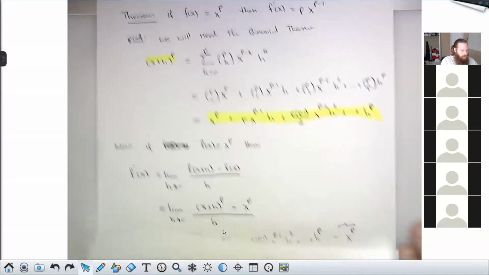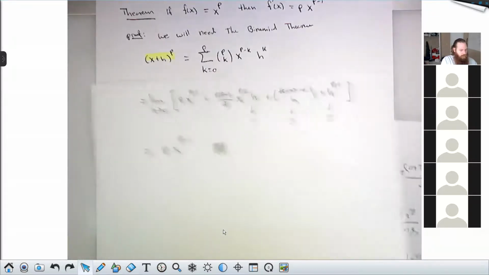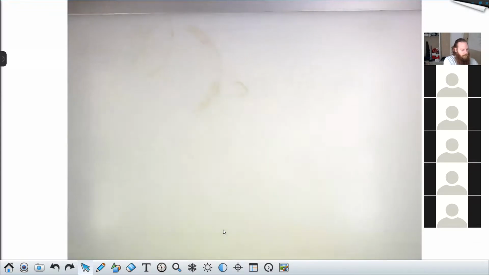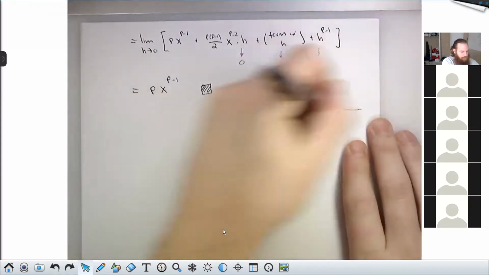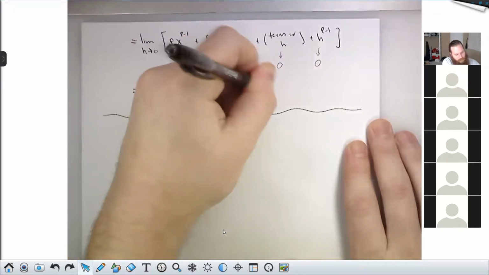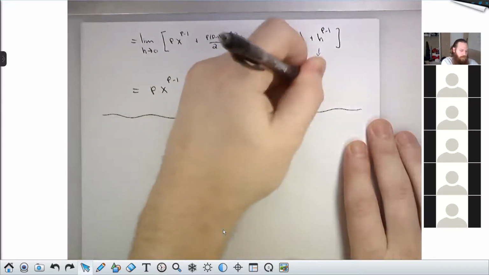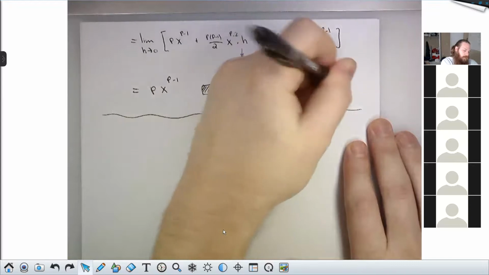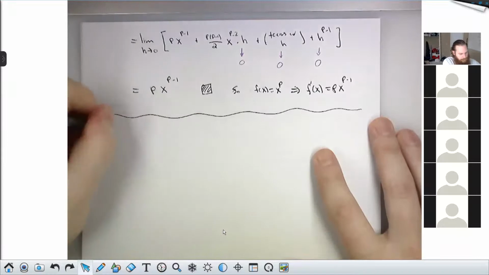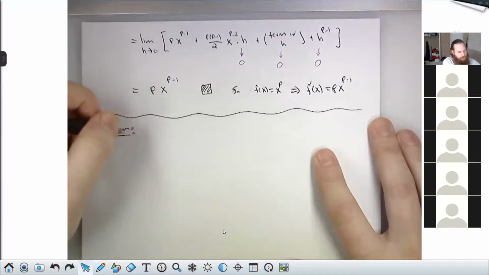So that's the result, right? That if f of x equals x to the p, then the derivative f primed is p times x to the p minus 1. I got one more theorem for you. So f of x equals x to the p implies f primed of x equals p x to the p minus 1. This next result says two things.